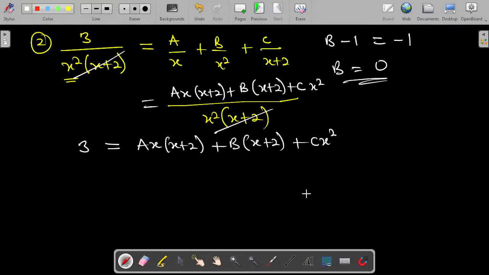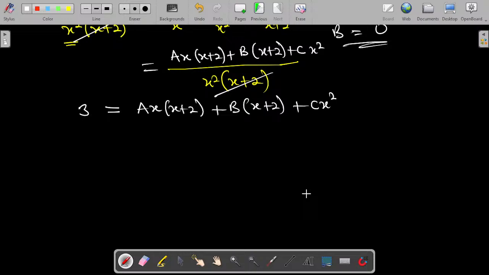Okay, so let's try to solve. If we want to get our a, what do we do? First of all, we can actually get our c first by eliminating a and b. If we eliminate a and b, we will let our x be minus 2, because a and b have the same bracket.